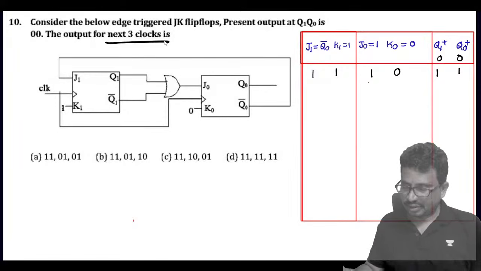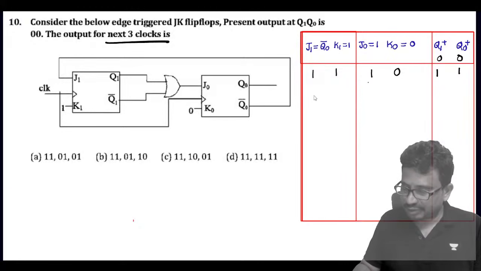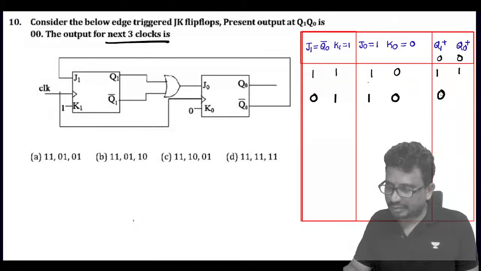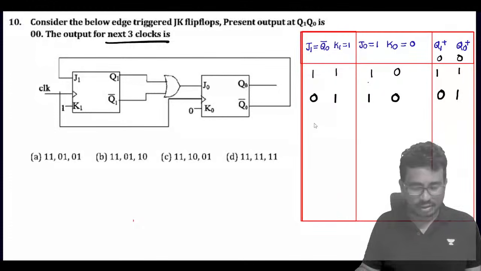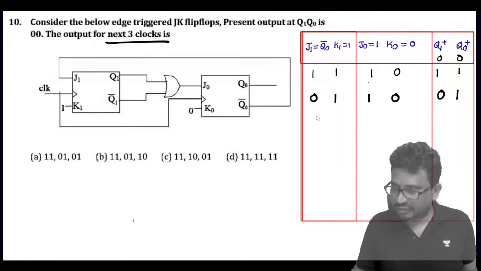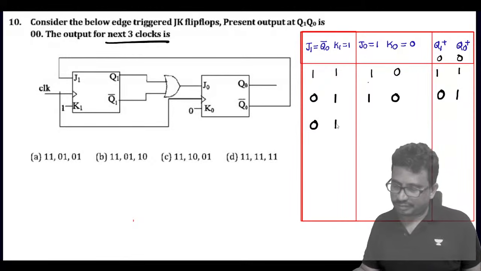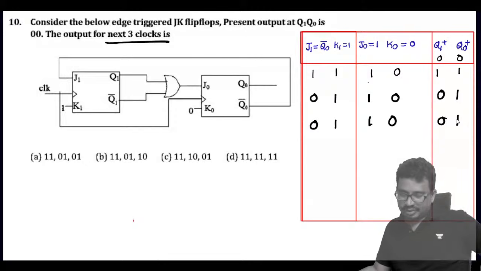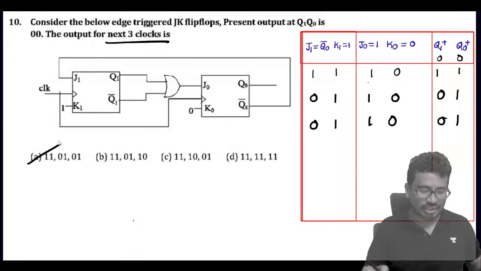Next, Q0 bar is equal to 0 and this is 1, 1 and this value 0. So 0 1 will become a reset. So this is set. Q0 is 1, so this value is 0. This is 1. This is 1 0. So this value 0 1 stays in the same state forever. You can see 1 1, next thereafter 0 1 0 1. Option A.